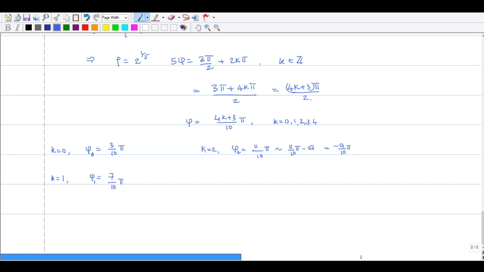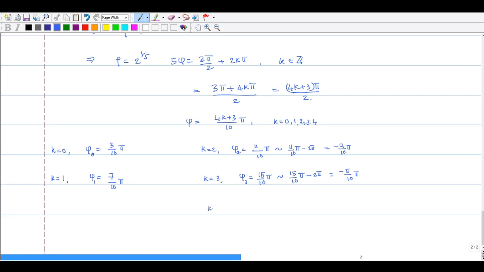When k equal to 3, என்ன கிடைக்கும், θ3 which is equal to 3 போடும்போது 12 plus 3, 15, அப்போ 15 by 10 pi. Of course this is equivalent to 15 by 10 pi minus 2 pi, அப்ப 20 minus 20 plus 15, அப்போ minus 5 by 10 pi. Okay, அடுத்தது when k equal to 4, இதோட முடிஞ்சு.